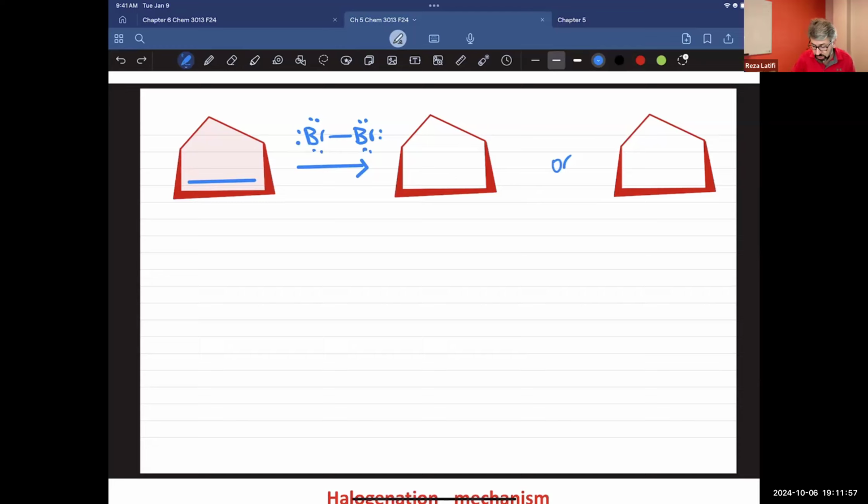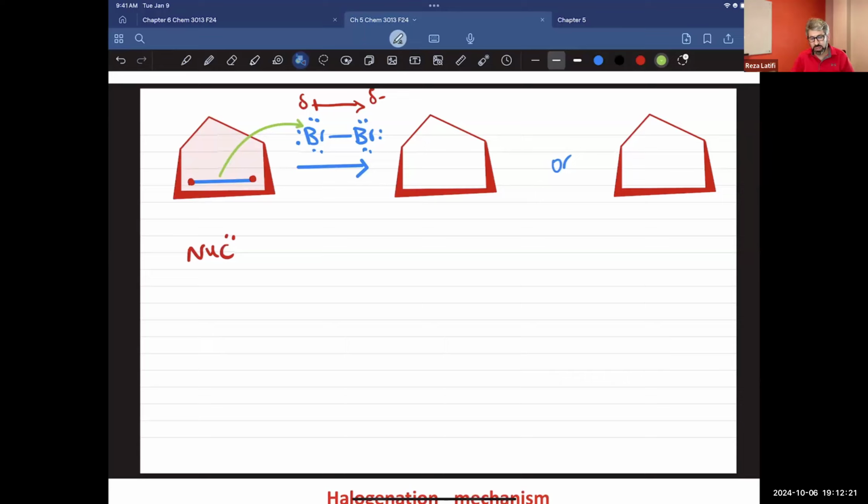Let's assume one of these is a central atom. It means this is going to pull, and for a short time we're going to have a positive charge here, and this one, for example, a negative charge. I have a double bond, and this double bond is going to behave as a nucleophile, and it will go after one of the bromines.